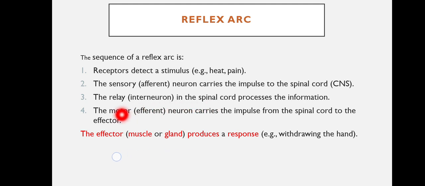Then the motor neuron carries the impulse from the spinal cord to the effector. This effector could be a muscle, it could be a gland, it could be anything. And then that will make you withdraw the hand.